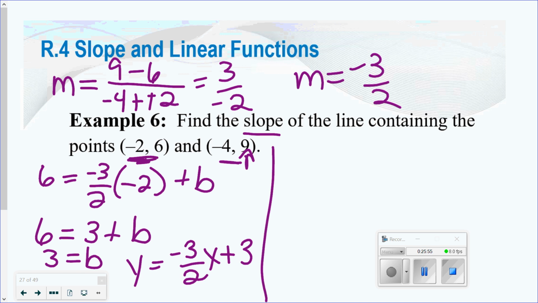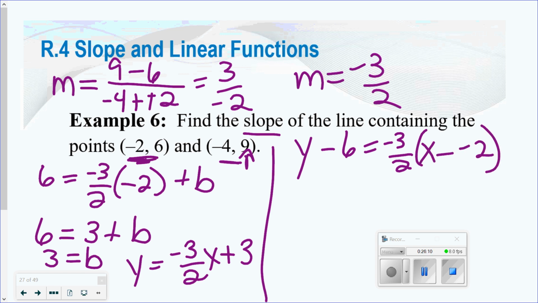If you do the same thing using point-slope, we would have y minus 6 equals -3 halves times x minus -2, so that's going to be plus 2. So we have y minus 6 equals -3 halves x, and then we have -3 times 2, which is 6, divided by 2, so we're going to have -3.